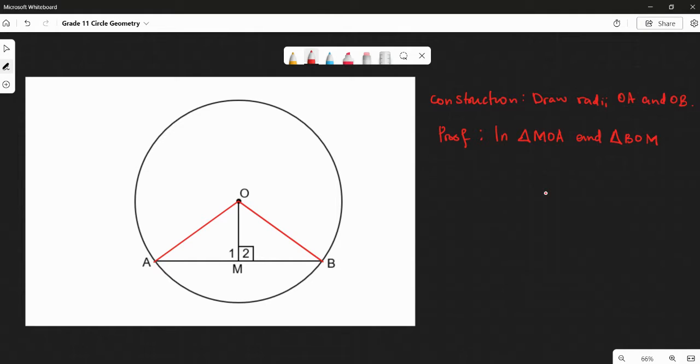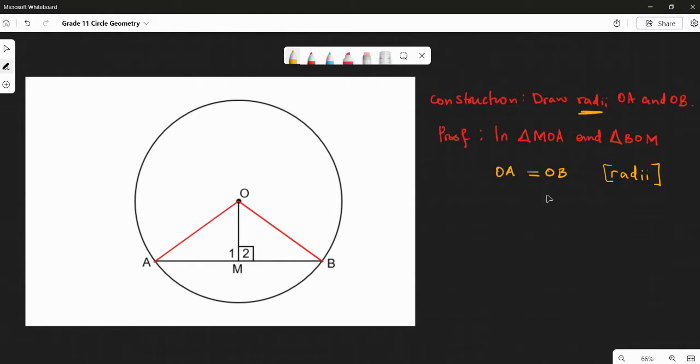But now let's look at these two triangles. OA is equal to OB. You remember what is mentioned here. OA is equal to OB, so radii. That will be our reason there.